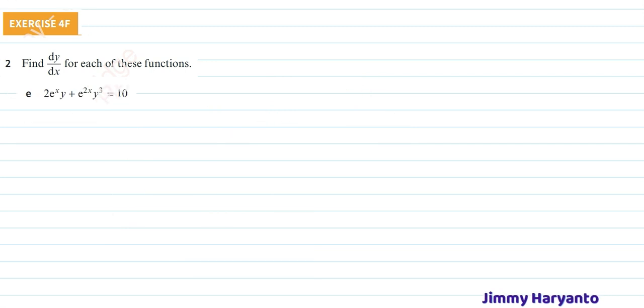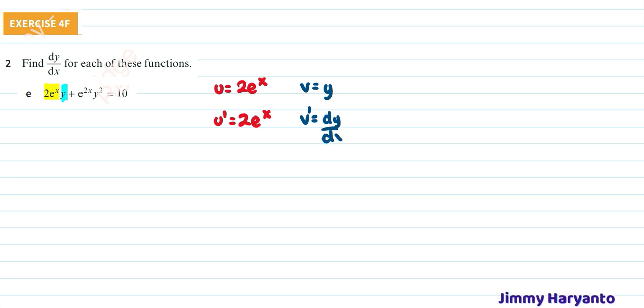Next is question 2. For question 2, we have 2 multiplication right here. So this is the first one. I will use u equals to 2e to the power of x, and then the v equals to y. That means the u prime equals to 2e^x, also the same. The v prime will be 1, and then dy over dx.